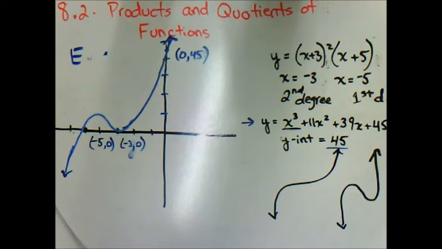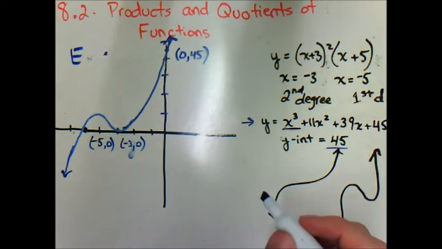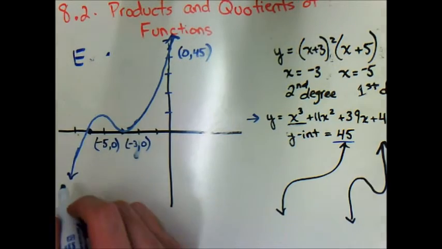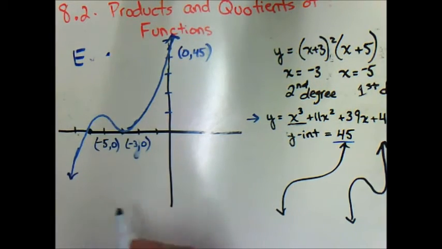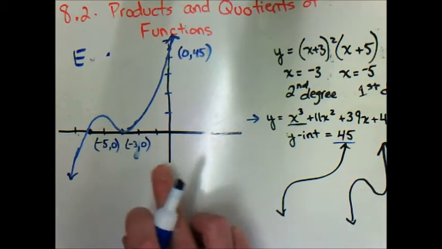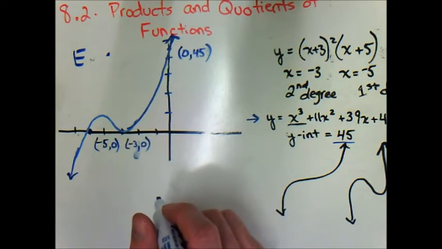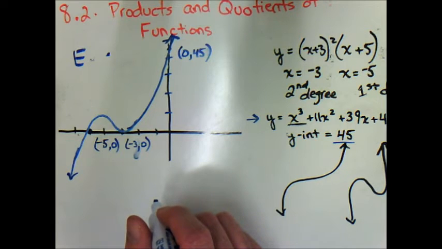Okay, maybe I'll write my original two functions. We need to talk about restrictions here. We can see from the graph that there aren't going to be any restrictions. Because there are no restrictions on f of x and g of x, there are no restrictions on x or y.